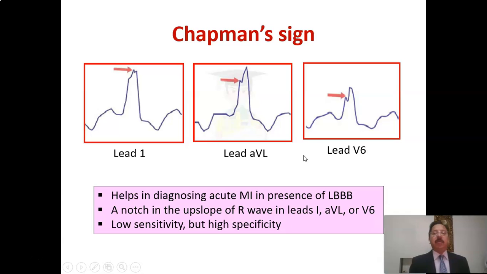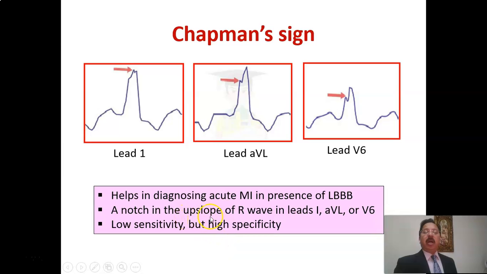Sometimes on the ECG, you get notches in the QRS complexes in presence of left bundle branch block. If these notches are seen, they are helpful in diagnosing acute myocardial infarction in presence of left bundle branch block.